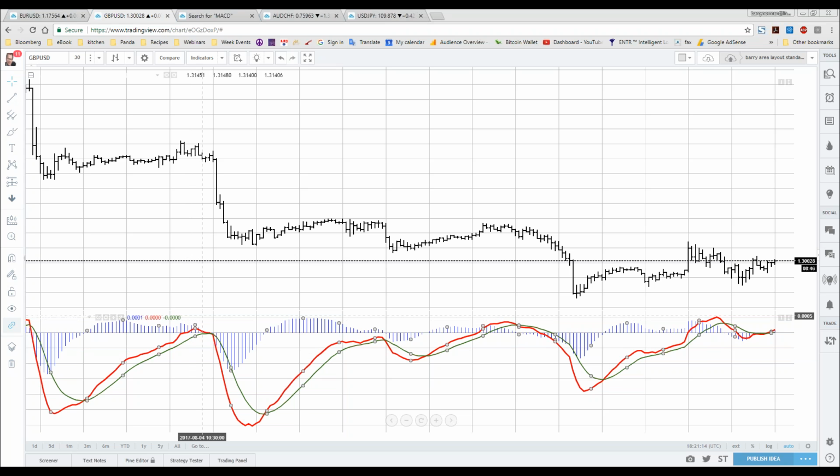When they cross above or below zero, at the zero line, which is where you see the histogram going above and below, at that zero line, and actually let's see if I can make that zero line darker for you.